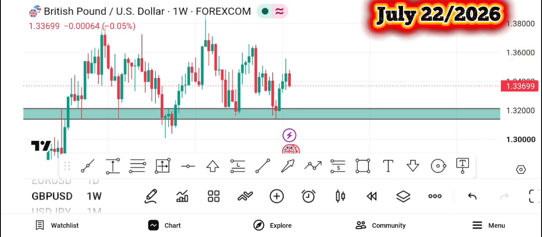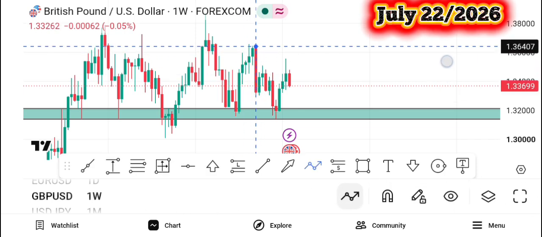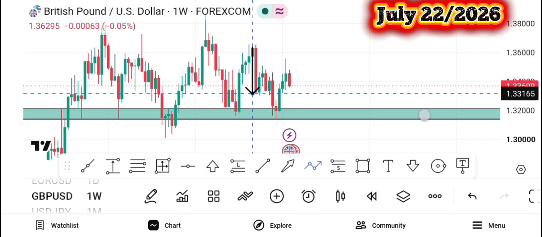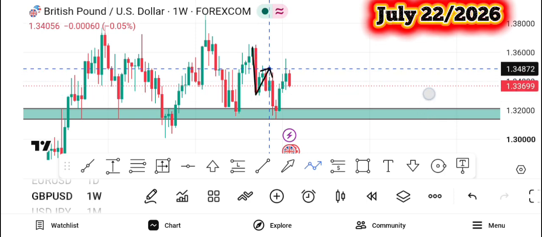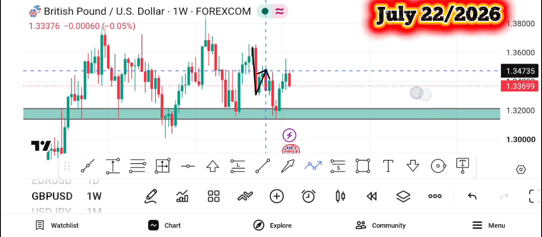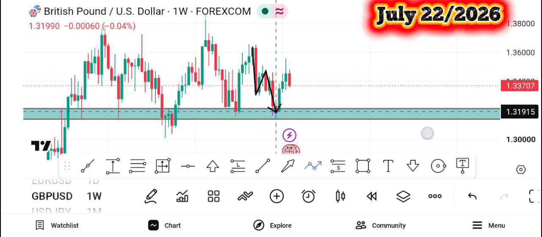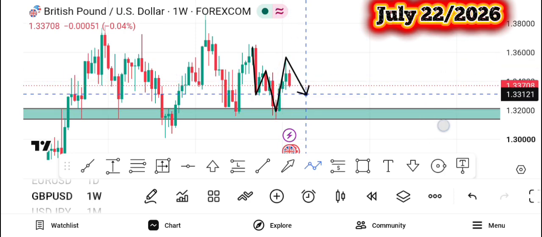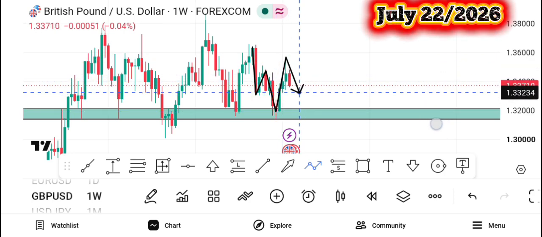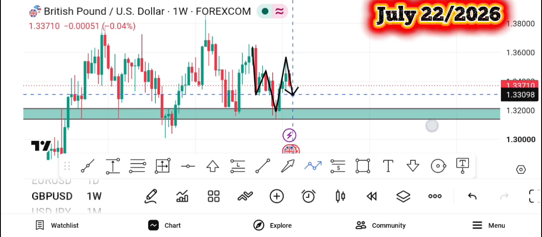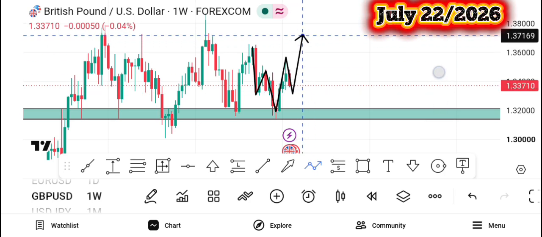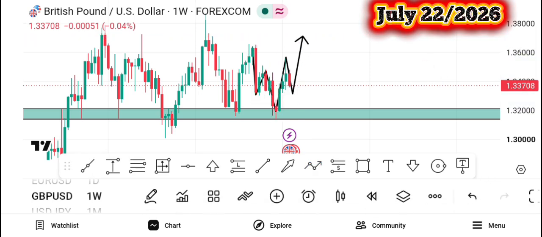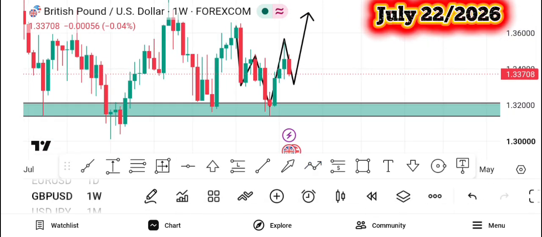Yes, price came here, price came down here, boom, went back up here, boom, and still came back down here, boom, and still pulled back up here, boom, and price is currently coming back down to this zone here. From this zone here, if price should successfully enter into this zone, I'll be expecting this trade to go back up forward. So this is going to be my zone here.